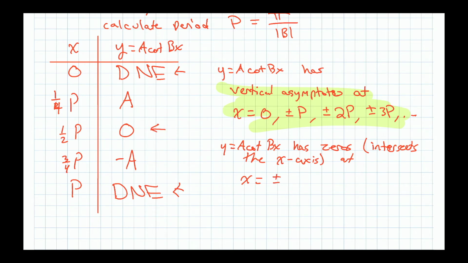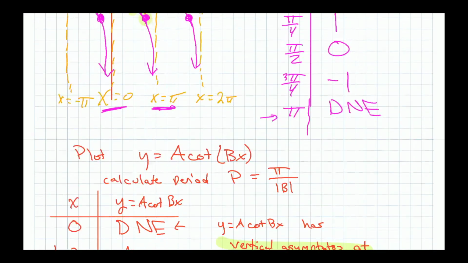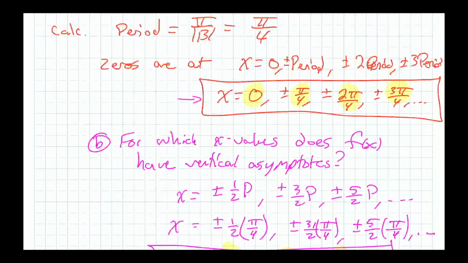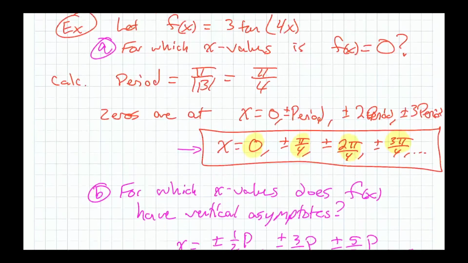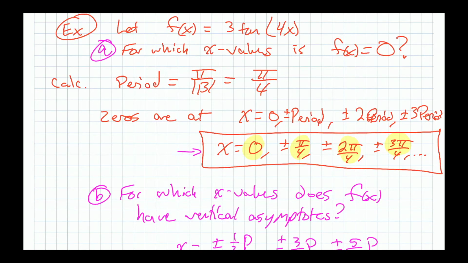So that's at plus or minus 1/2 period, plus or minus 3/2 period, plus or minus 5/2 period, etc. Now, if you take a look at this information and compare this with what we had for a tangent up here, you're just going to see that this is reversed, right?